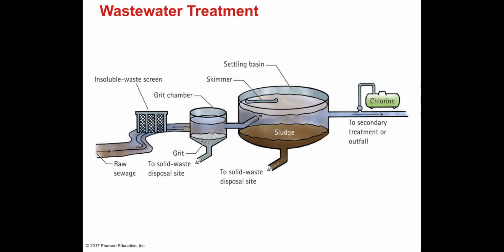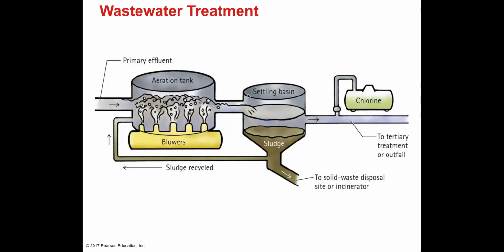Now the remaining water is going to continue for a secondary treatment. So take note that in the secondary treatment, there's a chlorine tank here. So chlorine is going to be released into the water to make sure that all the germs and bacteria are being taken care of. Okay.